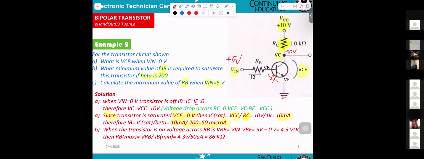See how they do. When the transistor is on, voltage across RB, then VRB equal V in minus VBE. You get 4.3.